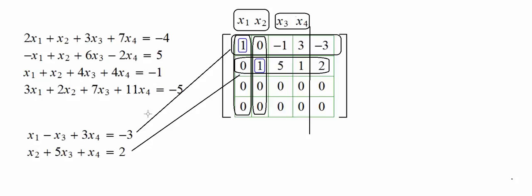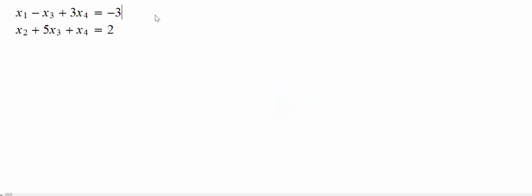Now I'm going to erase this portion, because we are going to be working with these two to finally write our solution. Before we go ahead, we have noted from these two rows that this system is going to have infinitely many solutions. So now we are going to solve the basic variables in terms of the free variables.